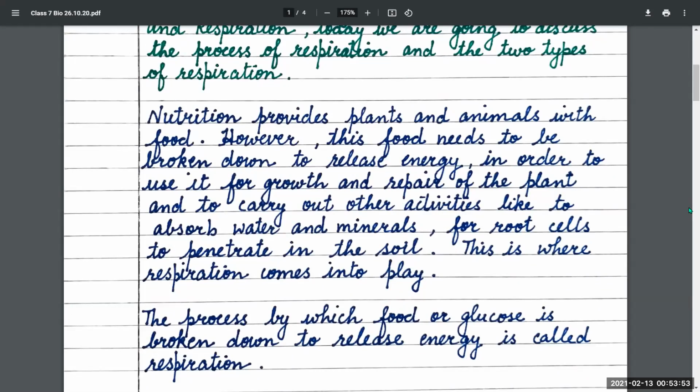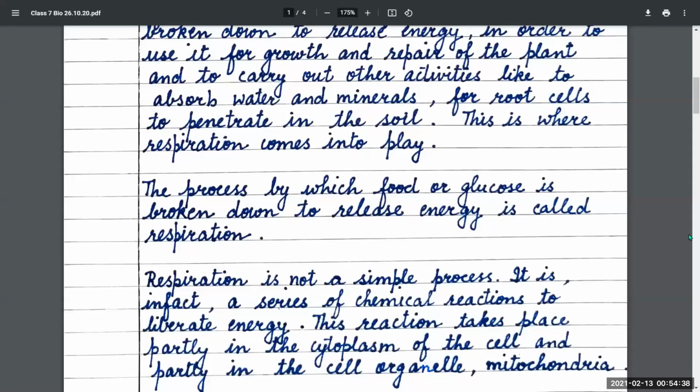So, the process by which food or glucose is broken down to release energy is called respiration. Respiration is not a simple process.